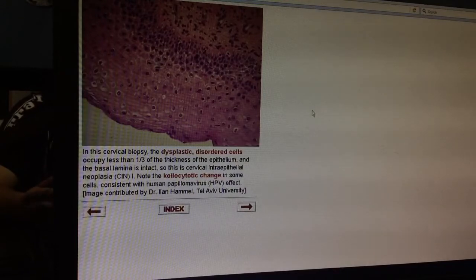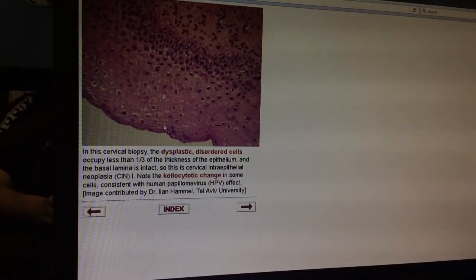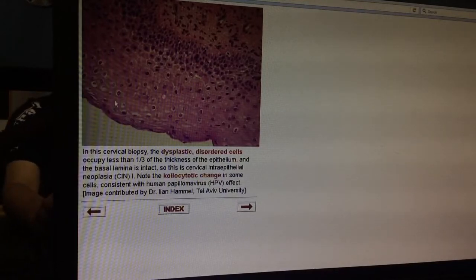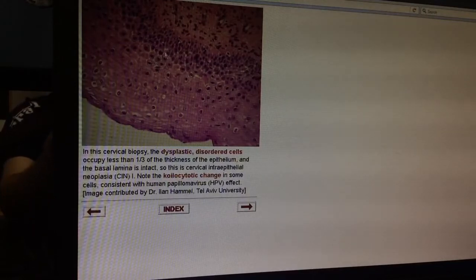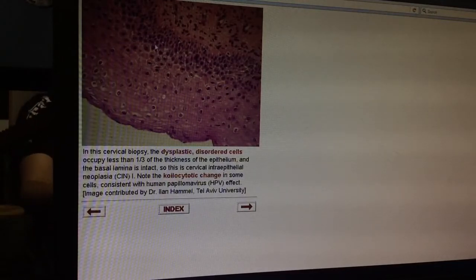They are abnormal cells, heading toward malignancy, so they are not normal. For example, if we look at the surface ectocervical tissue, those nuclei are hyperchromatic. Hyperchromatic means an increase in the staining of the cells.